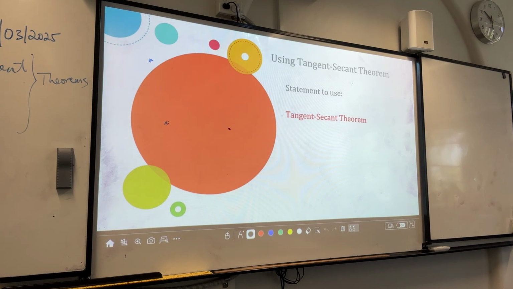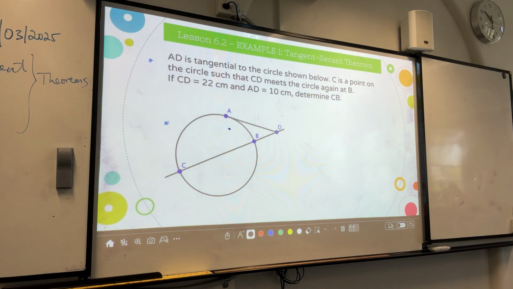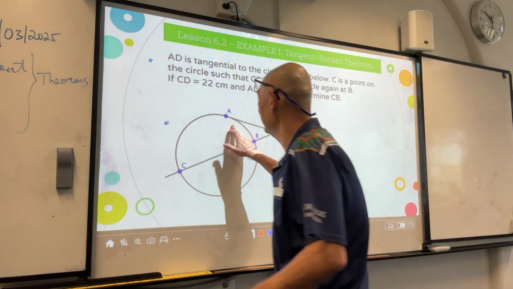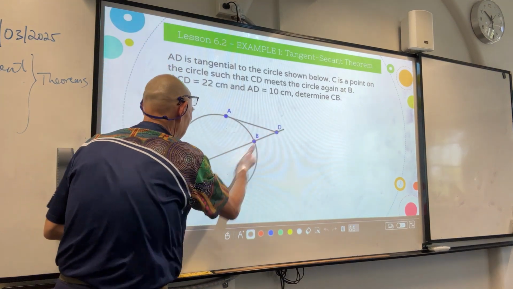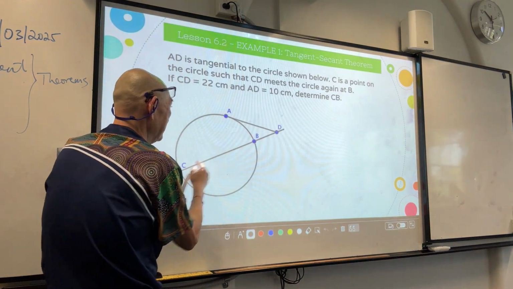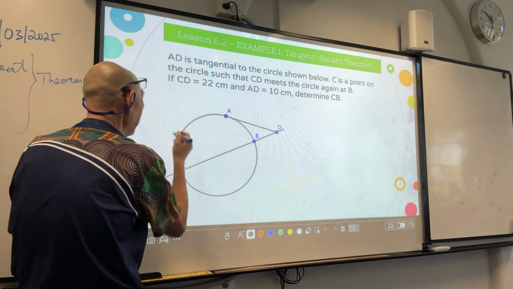Last question. All right, AD is tangential to the circle shown below. C is the point of the circle such that CD meets the circle again at B. If CD is 22 centimeter and AD is 10 centimeter, determine CB. So you do know that in this situation, CB times CD is AD squared, right?